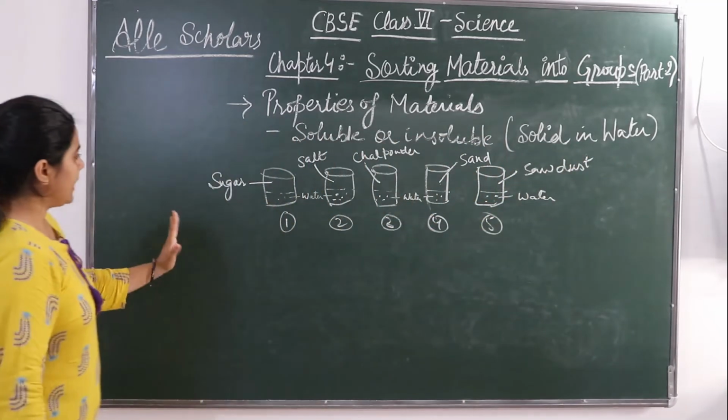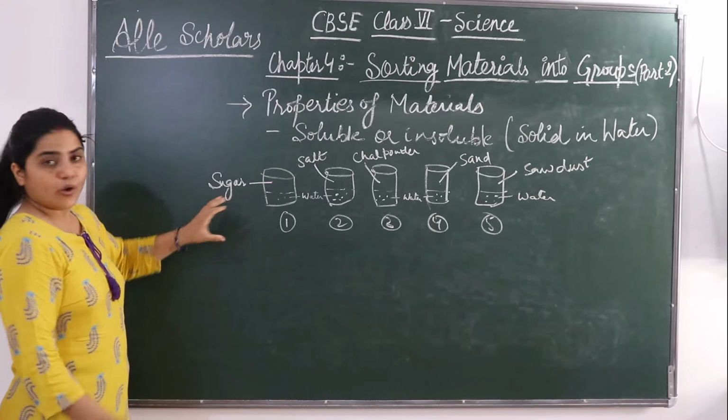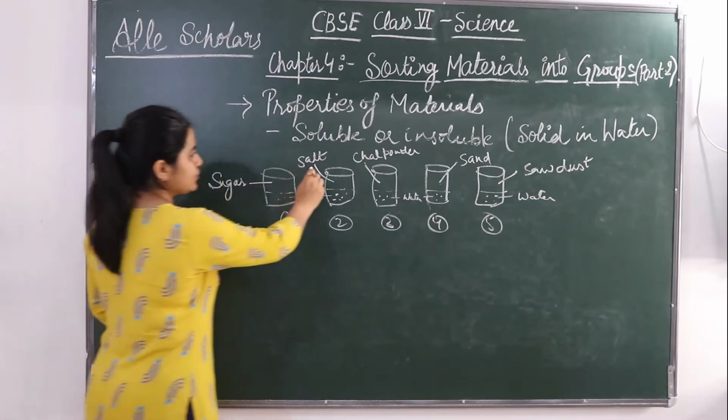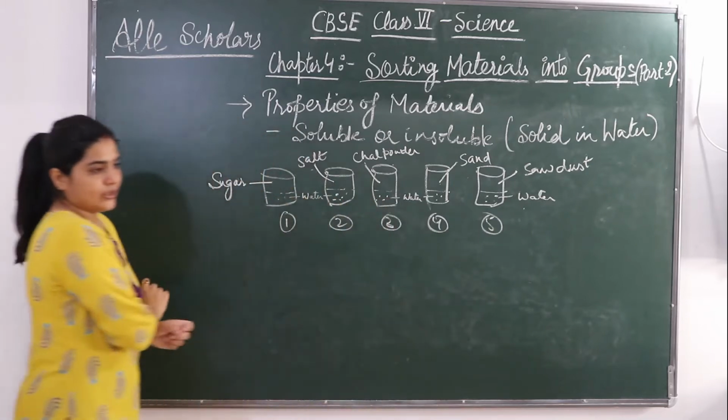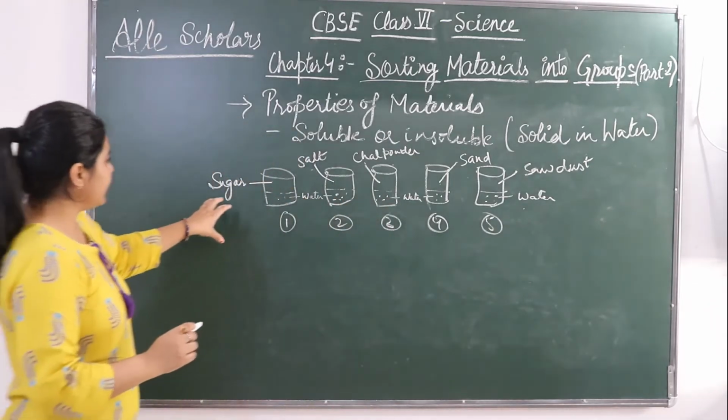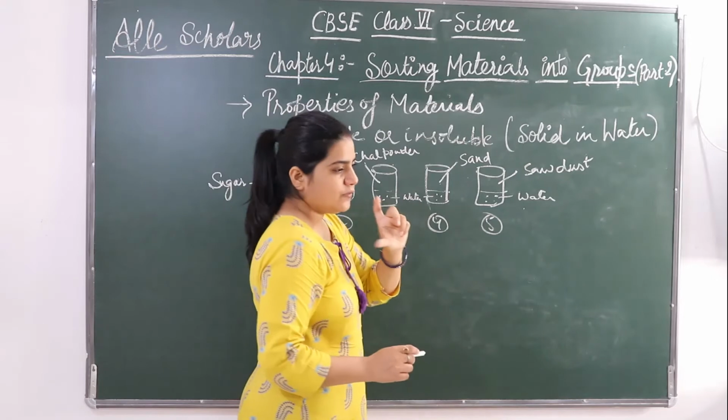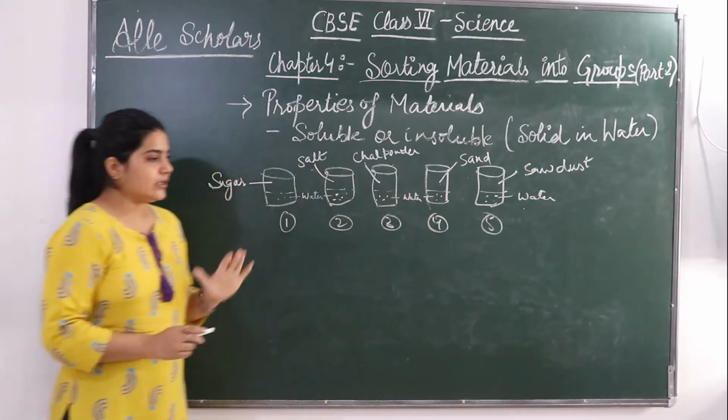So like this we have mixed solid substances, sugar, salt, chalk powder, sand and sawdust, with water. We have taken one spoonful of each in 2/3 of the water.